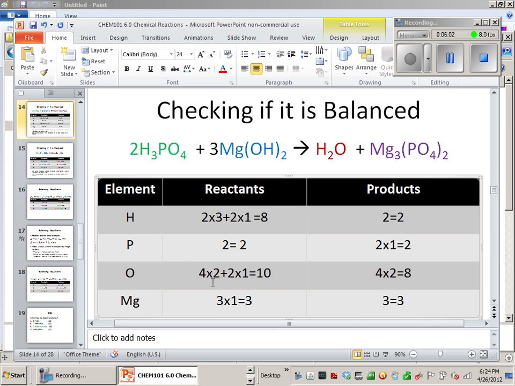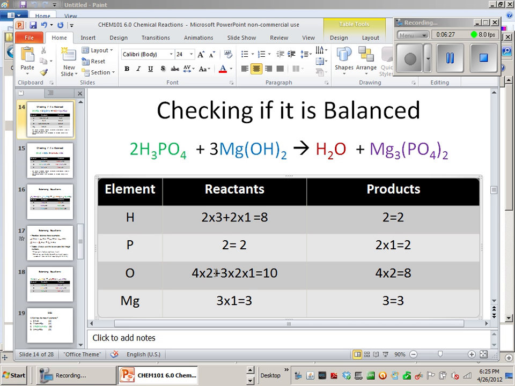So that 4 times 2 comes from the phosphoric acid. This 2 times 1 used to come from here, but I have to change it. It's now 3 times 2 times 1. So 3 of these, each of them has 2 hydroxides, and then each hydroxide has 1 hydrogen. So that's where I get 3 times 2 times 1.